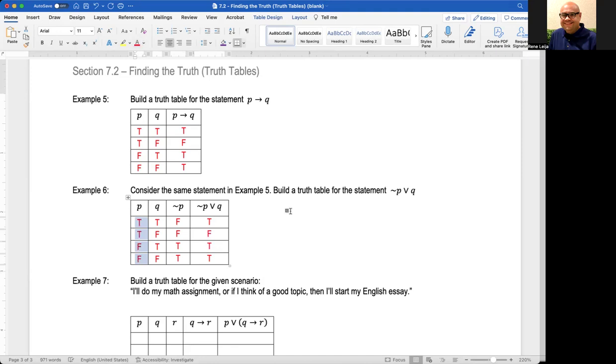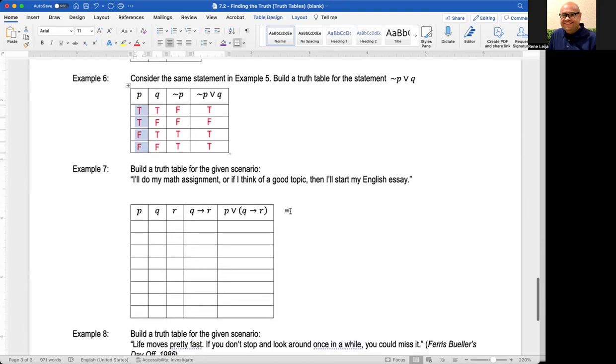Now let's look at 7. So we're going to build a truth table for the given scenario. I'll do my math, or if I think of a good topic, then I'll start my English essay. So I see 2 connectives. I'll do my math assignment, or if I think of a good topic, then I'll start my essay.